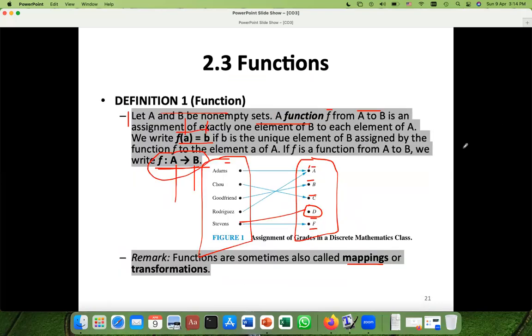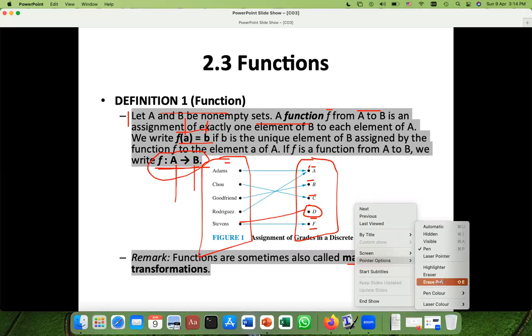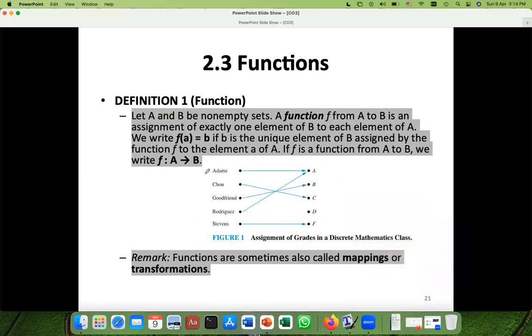So this diagram that you have here, these are the students, the names, and you have the grades. Now, what is the domain, codomain, and range? You know that. So this is the domain. This is the codomain. And what is the image? A, B, C, F. This is the image.